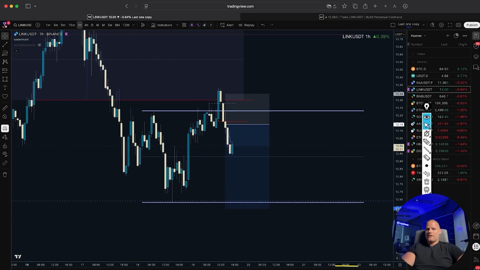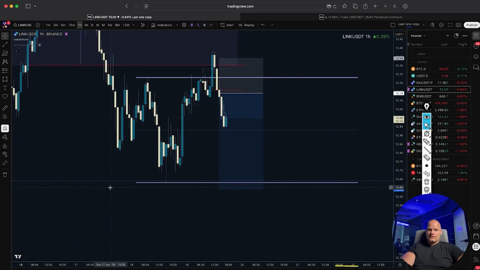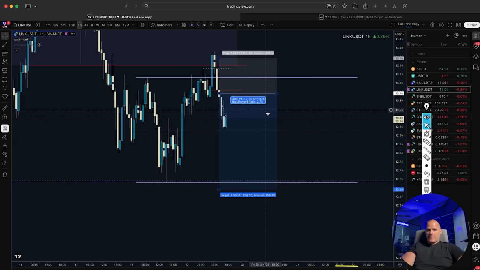But in fact, by rejecting there 2 times, it's where the bigger stop loss cluster will be. That's why I think we go lower.